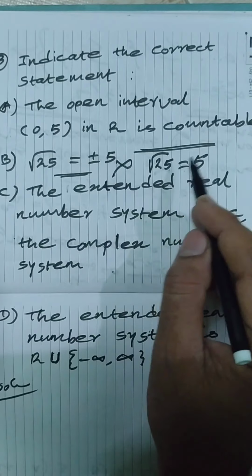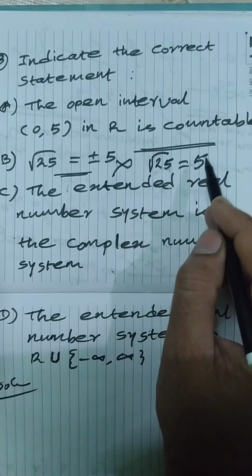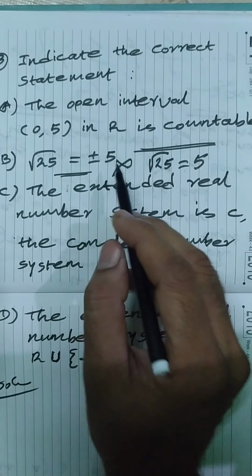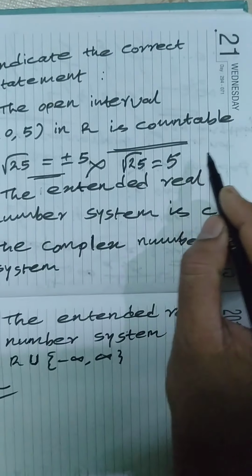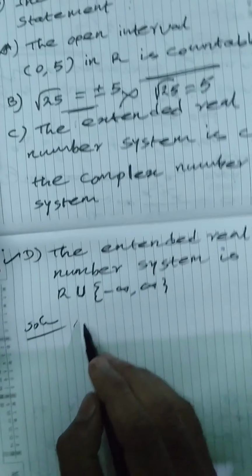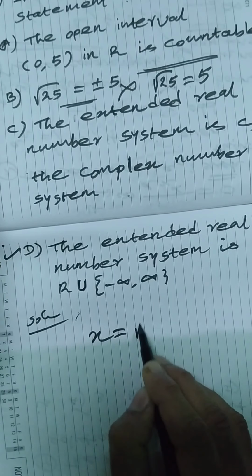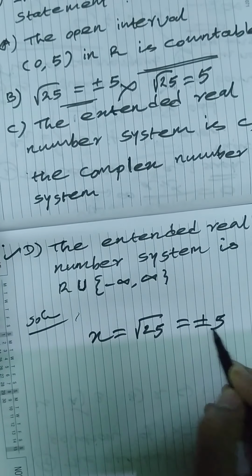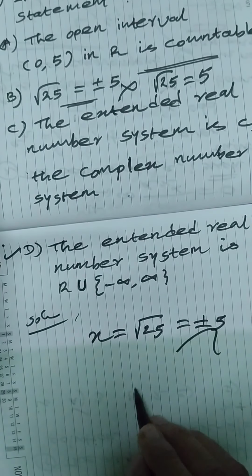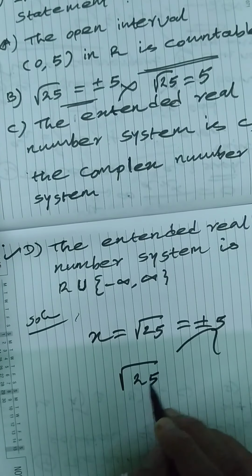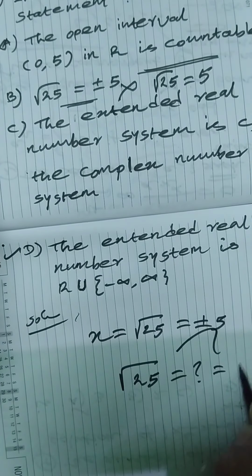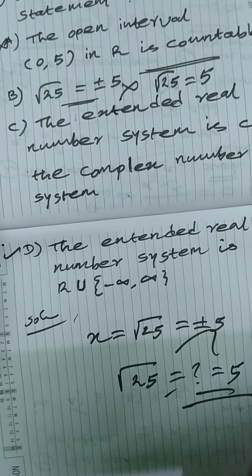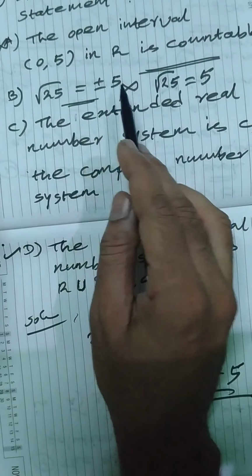Using a calculator also we are getting 5. So if the option is given like x equal to plus or minus √25, this is correct. But what is asked is √25, the value is only 5. This is correct, but the option is plus or minus 5.